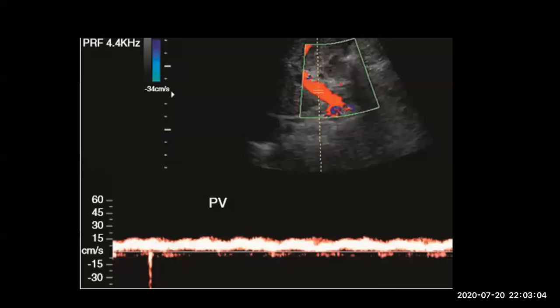We can start with our cases today, and the cases today are relatively simple in comparison to the previous cases. We can start with the first case. Any volunteer for the first case? This is normal daily work in ultrasound. Any volunteer for this case?